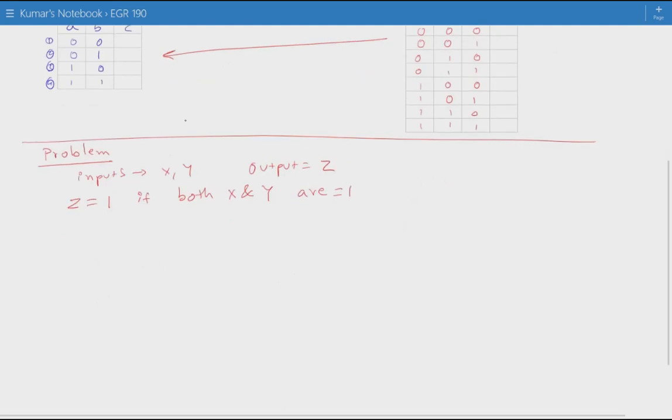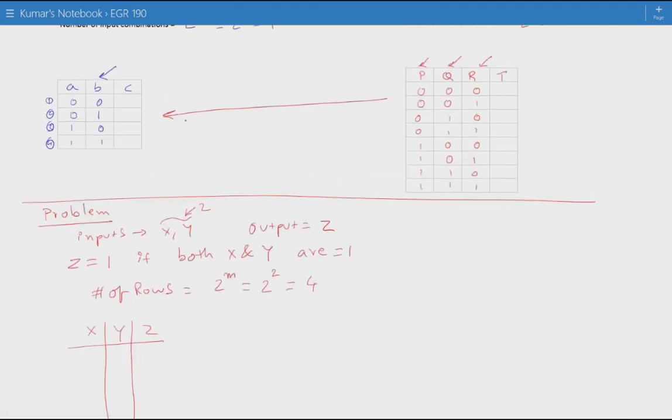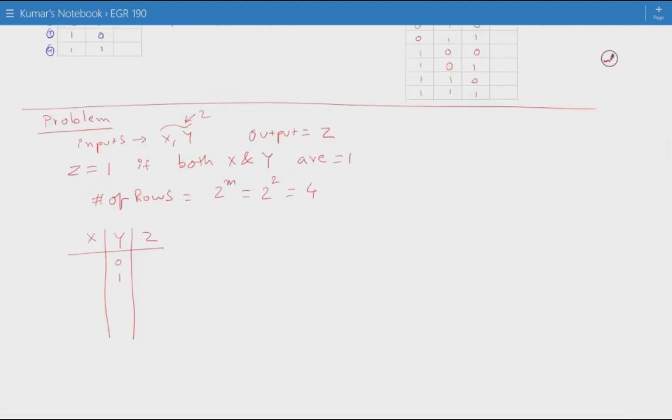The number of rows in the truth table is 2 to the power of m, where m is the number of inputs, which is 2 here. So our number of rows is 2 to the power of 2, which is 4. So we have a table with x, y, and z, and 4 rows. As we have seen in the previous example, the 4 combinations are 0, 0, 0, 1, 1, 0, 1, 1.